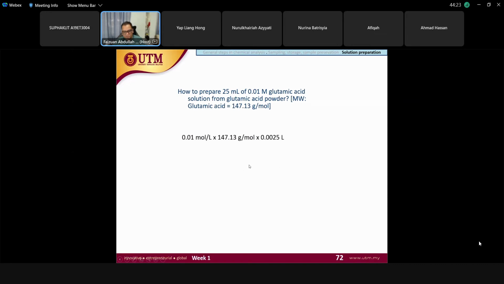So what is the answer that you get? 0.0368 grams. How many gram? 0.0368 grams. All right. So that is the mass of the glutamic acid powder that needs to be put in the volumetric flask and then filled up to the mark.